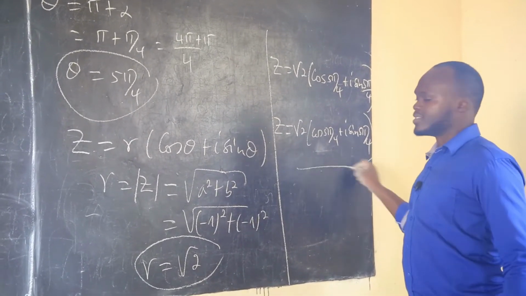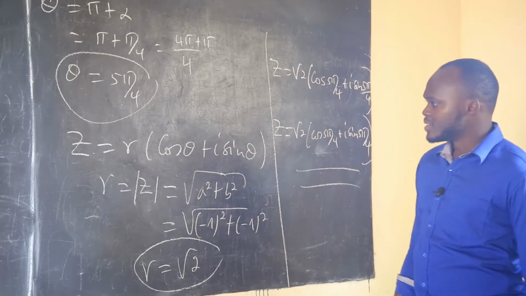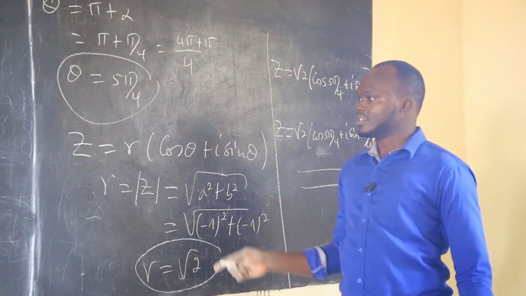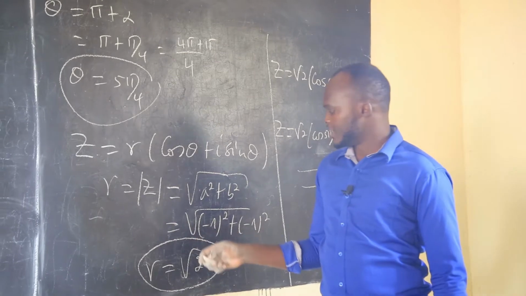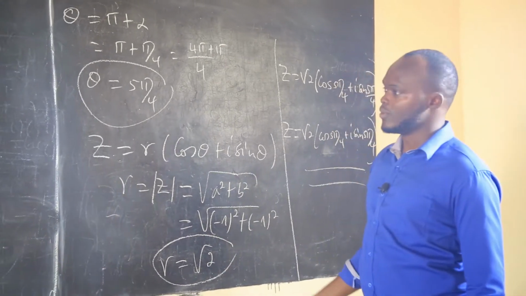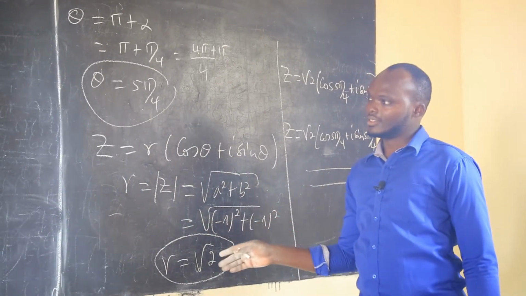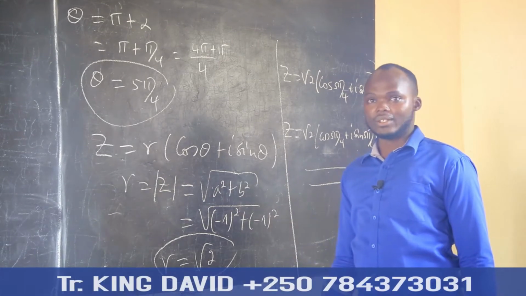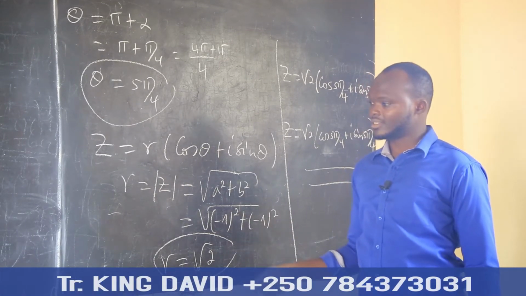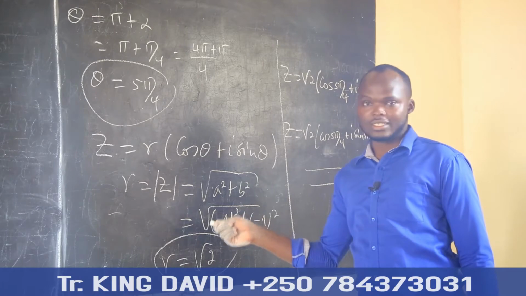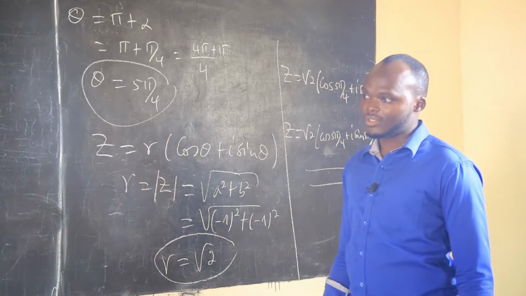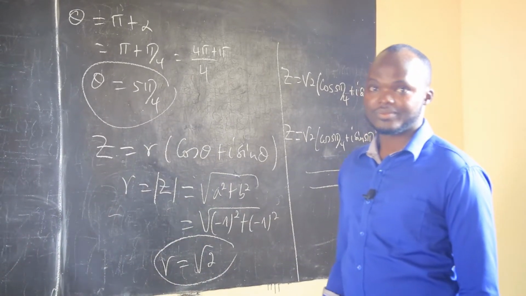So this is the value of z. What you have to do is to find the angle and to know the location, which quadrant your z is located in. After getting the quadrant, you find the angle and the magnitude.